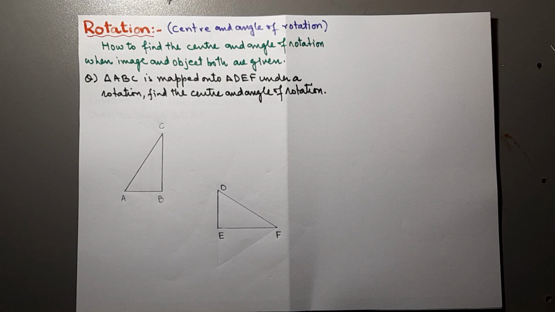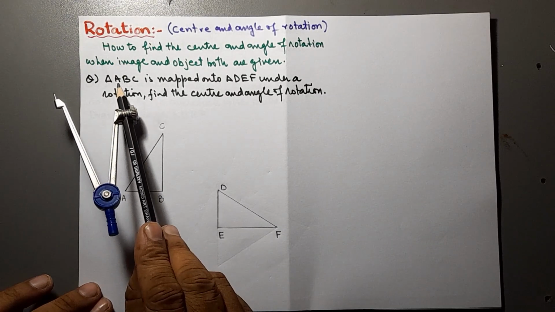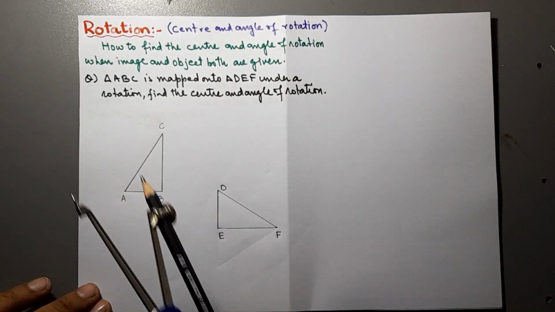we will first of all find out the center of rotation. To find out the center of rotation, I need to draw two perpendicular bisectors between the respective image points and object points. Now, as you can see, A is mapped onto D according to the sequence.